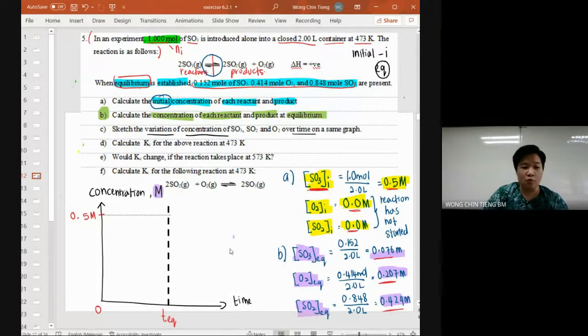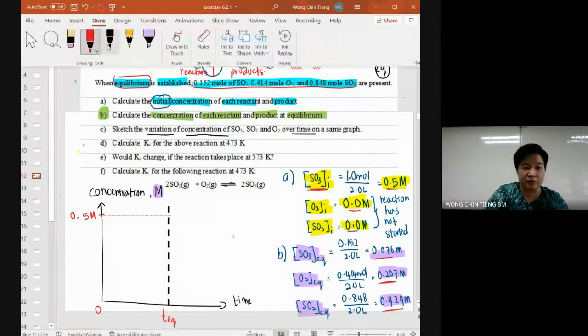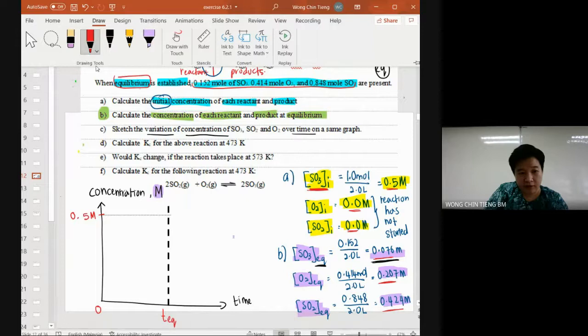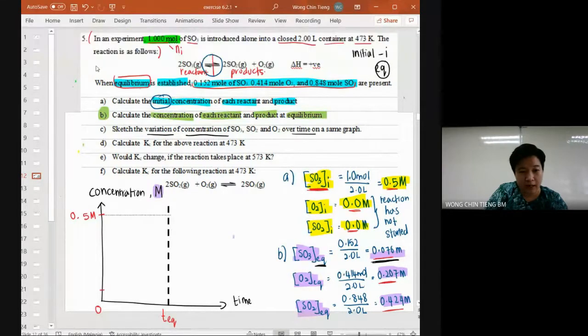Okay? So what will happen over here is when you draw your curve for this one, SO3, starting from 0.5, betul? Okay, starting from 0.5, look at your equilibrium, SO3 equilibrium adalah 0.076. So label 0.076. 0.076 kita letak bawah lah.